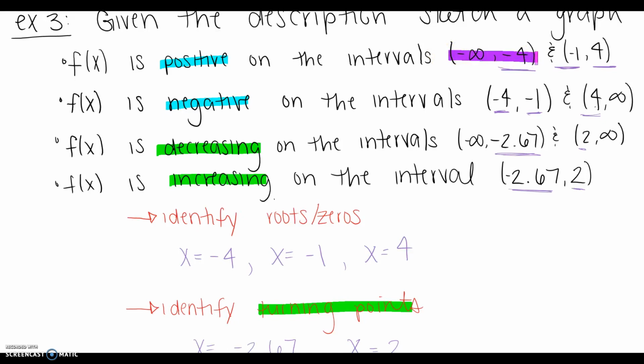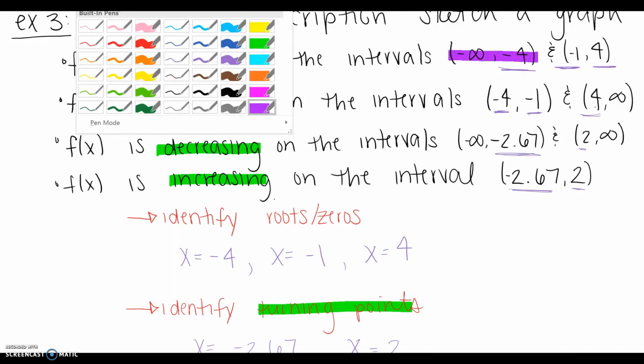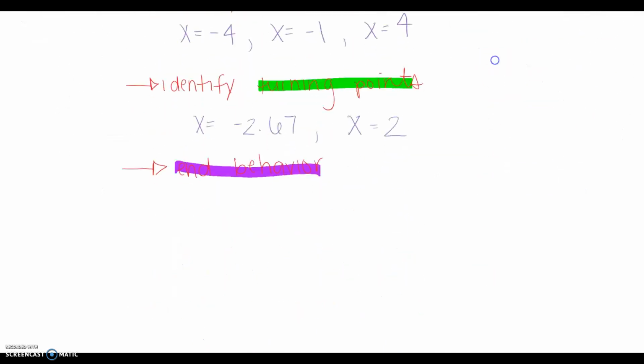Bam, end behavior. From negative infinity to negative 4, that means it's going to be coming down. We make ourselves a little coordinate plane. It's going to be coming down, it's going to be positive until it gets to negative 4.